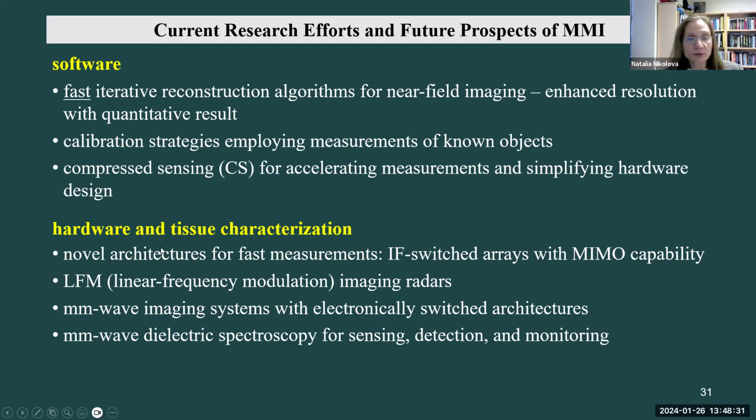So on the side of hardware, a lot of work remains to be done. Currently, we are not seeing clinical applications of microwave and millimeter wave systems, exactly because of the deficiencies of our hardware. We need novel architectures for faster measurements, possibly with switching at the level of intermediate frequencies.